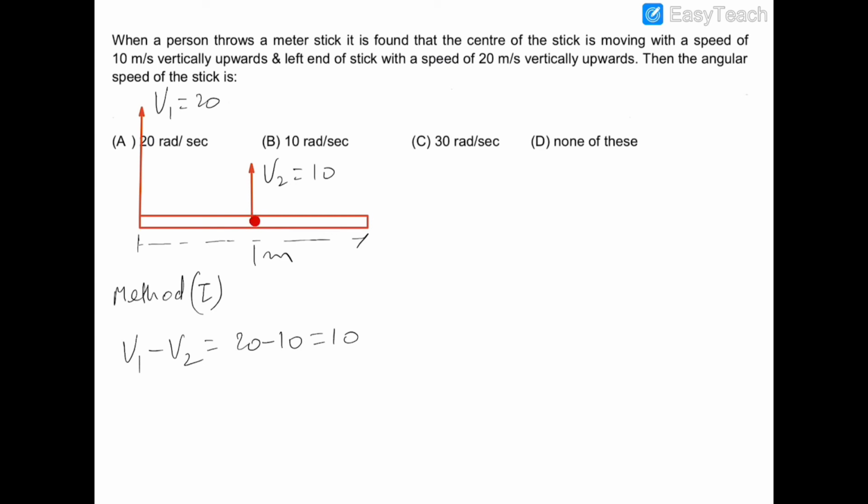Now if this point is at rest and this is moving with a velocity of 10, then this would be the radius of the circle, and therefore the radius would be 1 by 2. So omega will be v1 minus v2 upon d, where d is the distance between these 2 points 1 and 2. So this v1 minus v2 is 10 and d is half. So this is 20 radians per second.